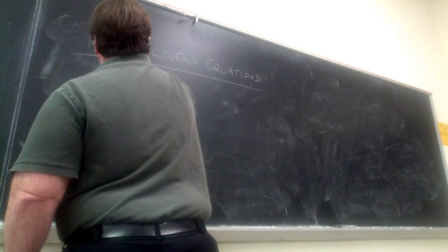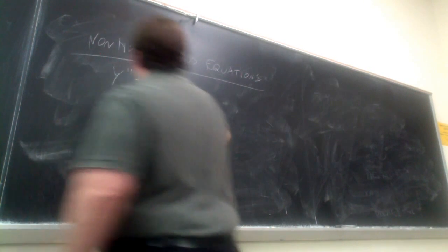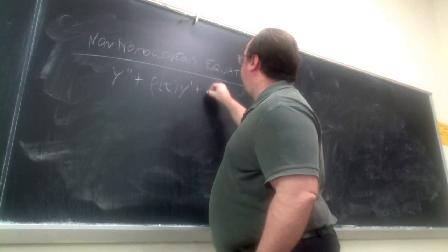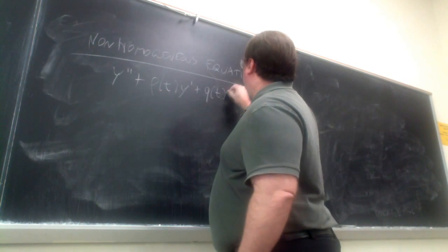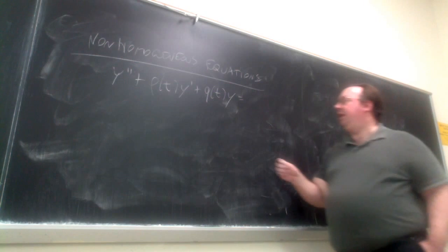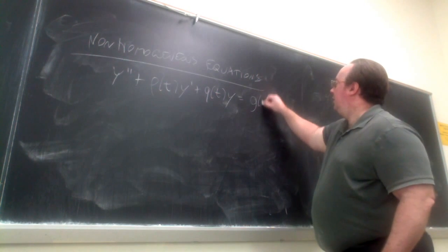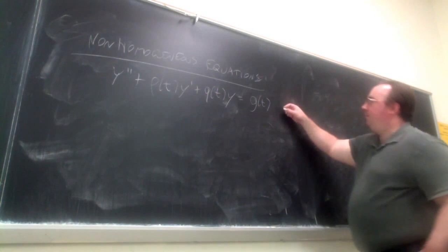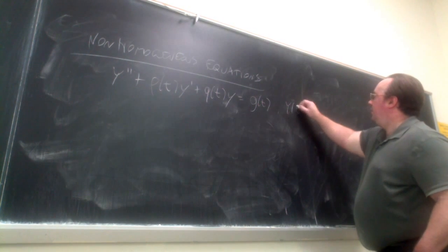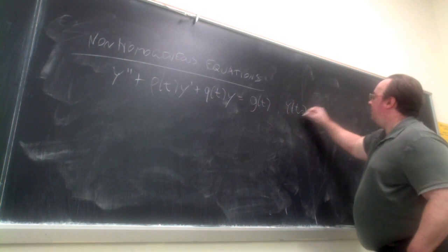Non-homogeneous equations. So we're going to look at the same kind of equation as before, except we're going to have something non-zero on the right-hand side, some function g of t. Still the same kind of initial conditions.